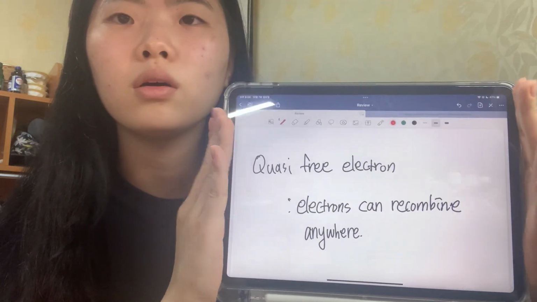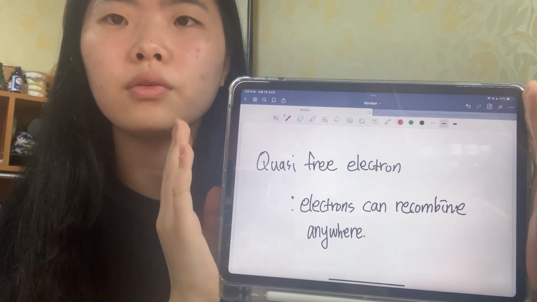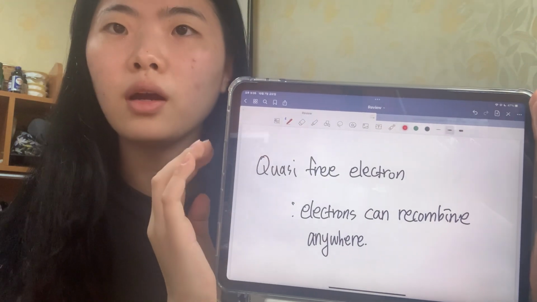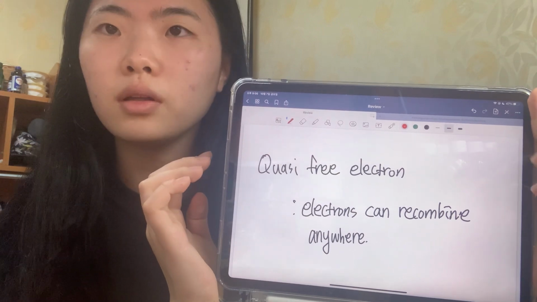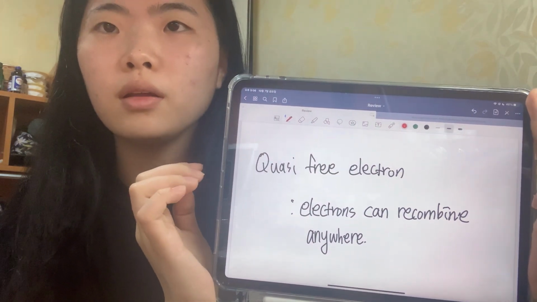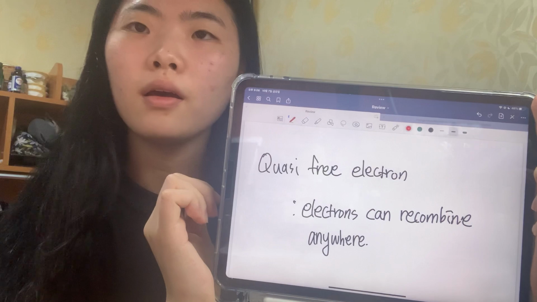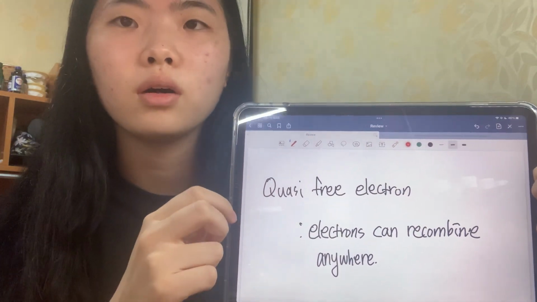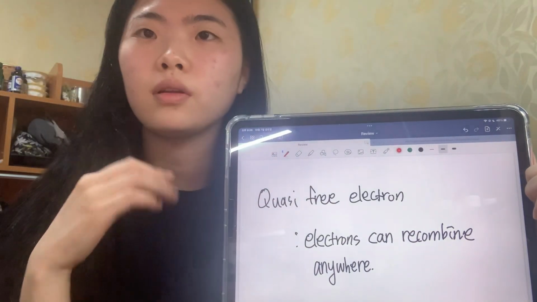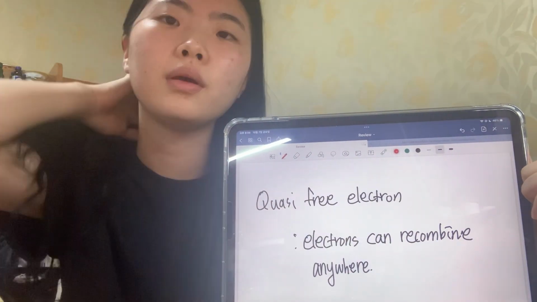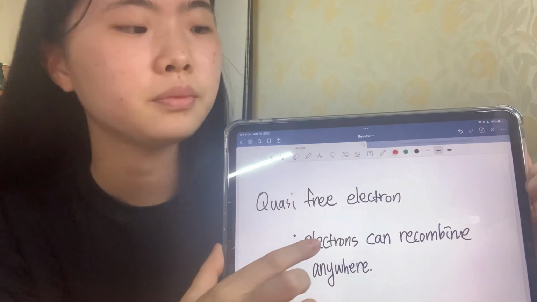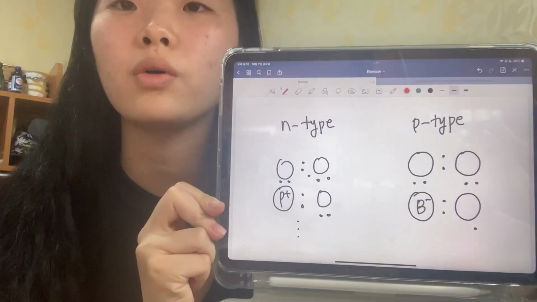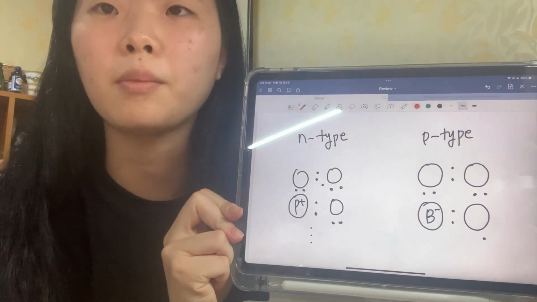So electrons can recombine anywhere because electrons can move anywhere, and as a result, recombination can also happen anywhere. An electron which recombines anywhere is called a quasi-free electron. So we use quasi-free electrons in semiconductors.